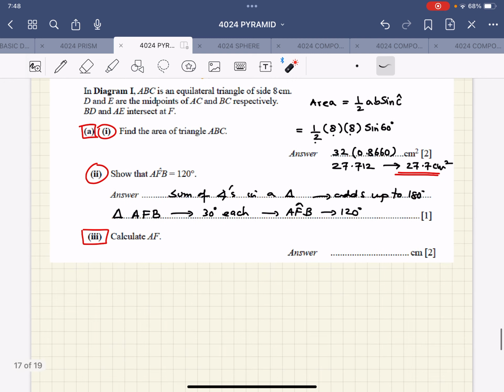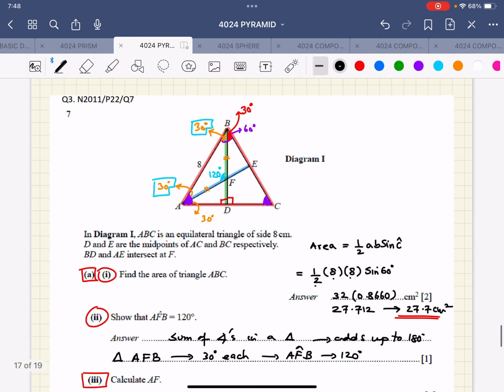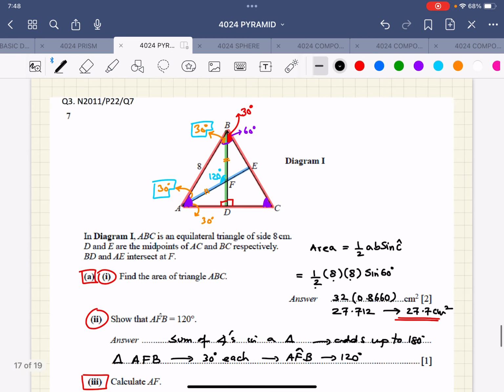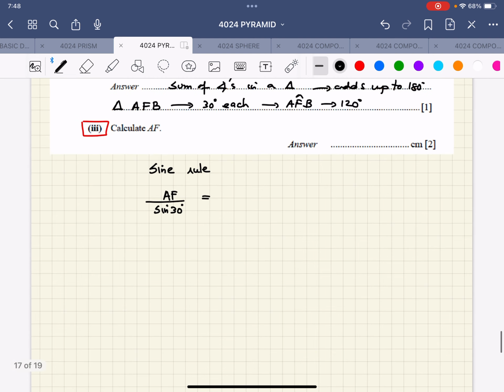So basically I'll use the sine rule. If I use the sine rule, I'll write AF and 30 degrees. So AF divided by sine of 30 degrees is the same thing as 8 divided by sine of 120. Let's first make AF the subject, then I'll use the calculator. AF equals 8 sine 30 divided by sine 120.